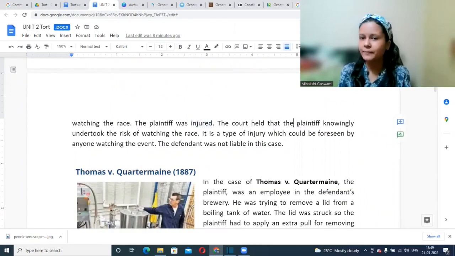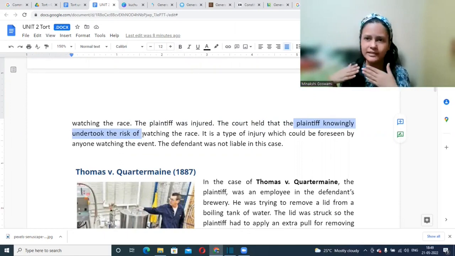The court held that the plaintiff knowingly undertook the risk. If there is racing at such high speed, obviously there is a risk involved, because it's not for sure that they will ride properly on the track, since they are driving so fast. So there is definitely some amount of risk involved.